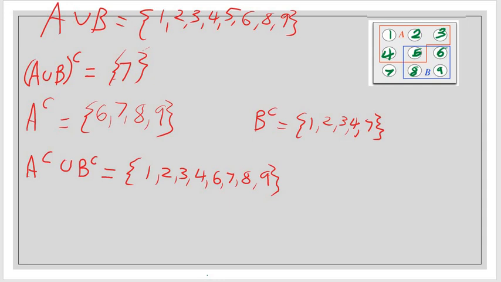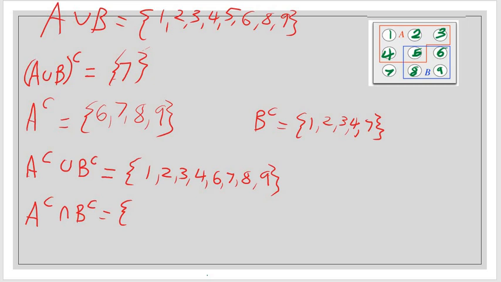We can take a look at the intersection of these two complements. A complement intersection B complement, which means I want everything that is in both of these sets. There's got to be in the one and in the other. So let's see here. What is it that is in this intersection? What's in both of these sets?